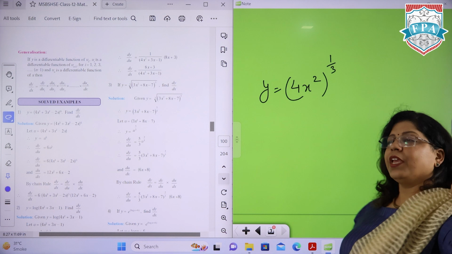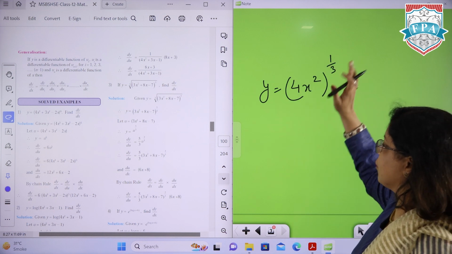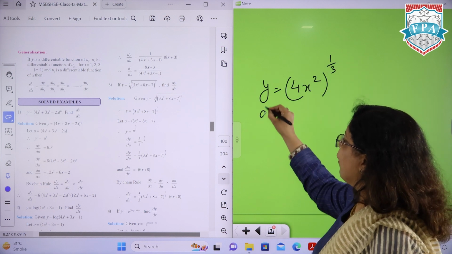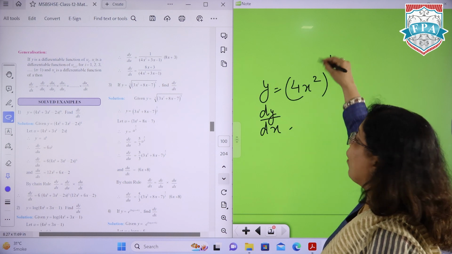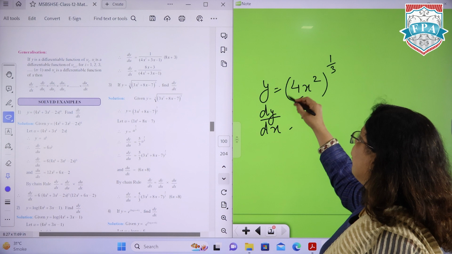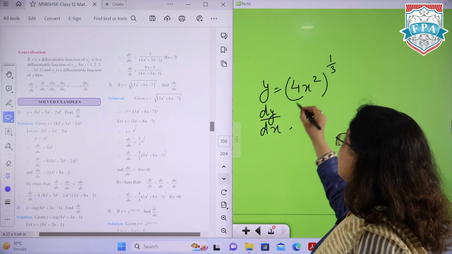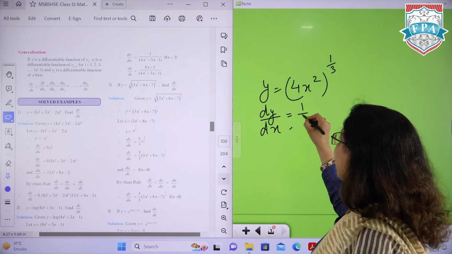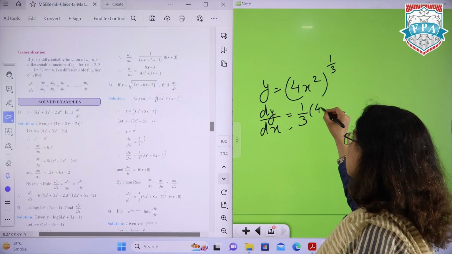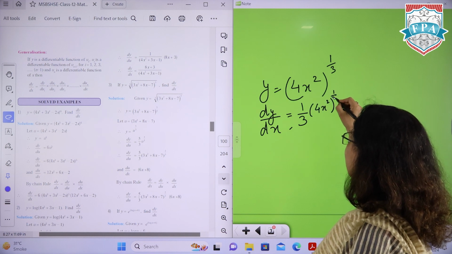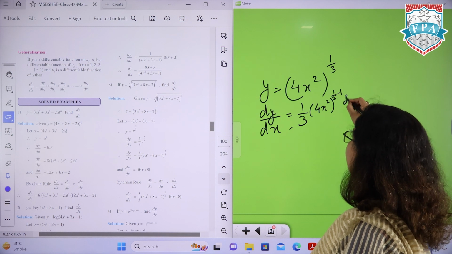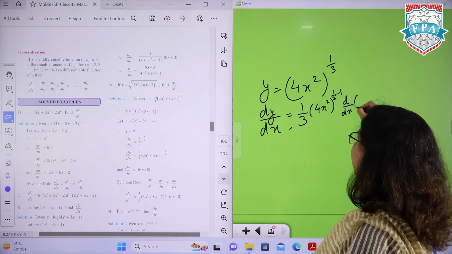Now here we can treat it as a composite function. For dy by dx, first we'll see the 1 by 3 effect and then we'll deal with the 4x square effect. So it is 1 by 3 times (4x square) to the power of 1 by 3 minus 1, and d by dx of 4x square.